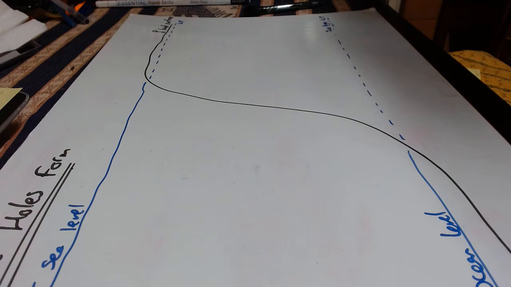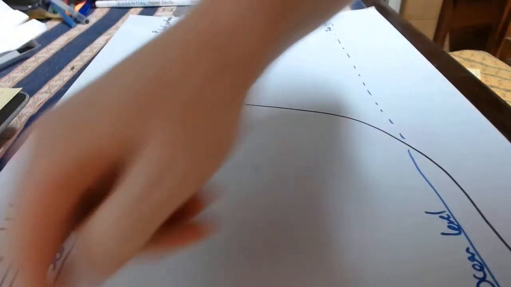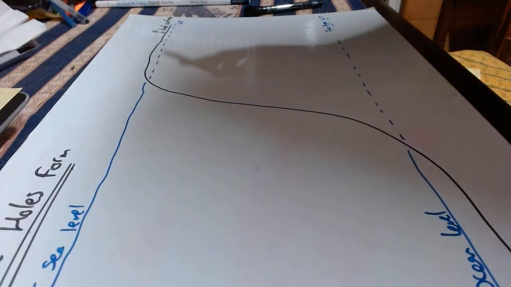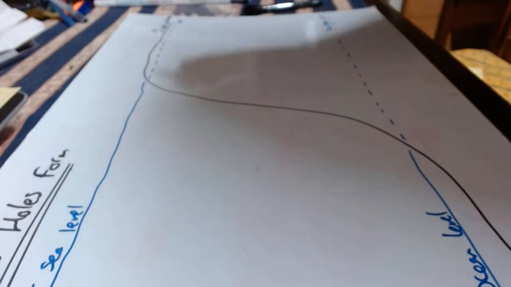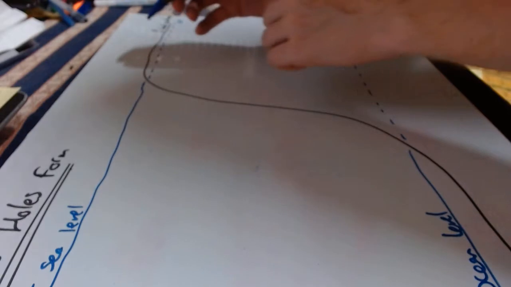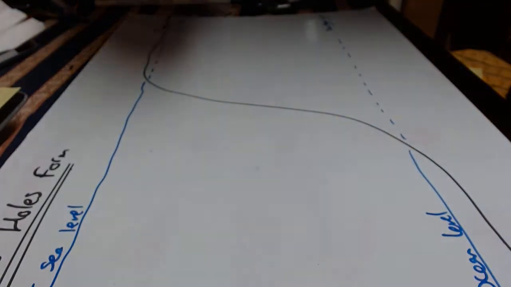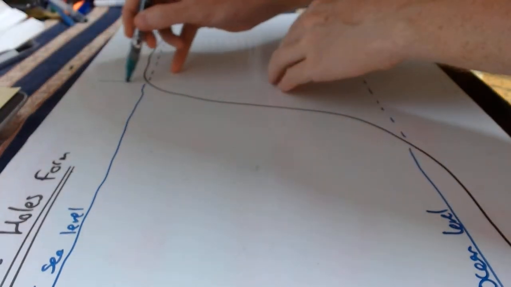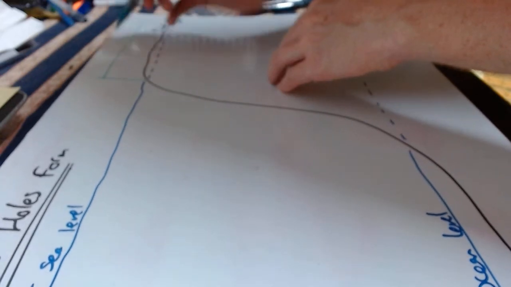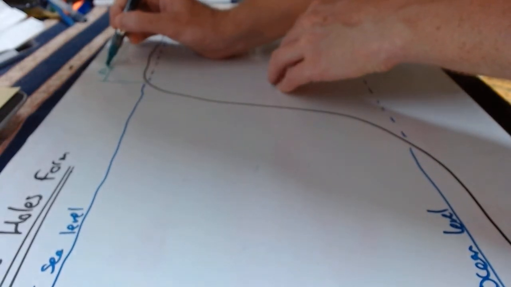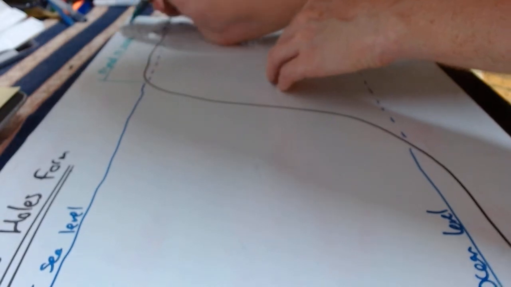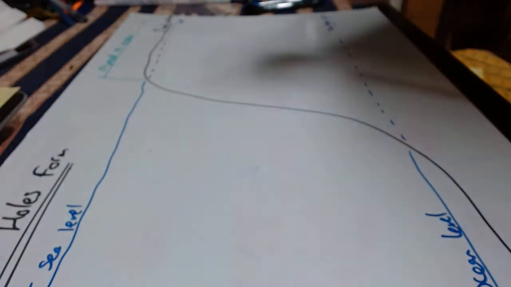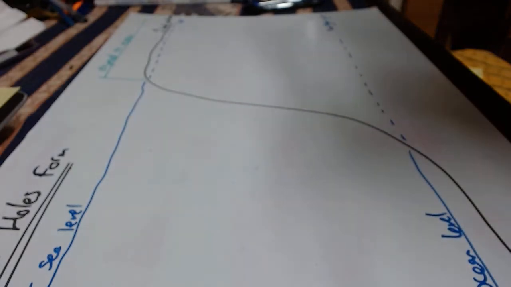So what happened was, as you can see at the moment, if the ocean level had stayed like it is now, only the very top of the land is exposed. I'll do my notes in green. You can show that this bit is exposed to erosion or weathering. So I've written exposed to erosion up there.